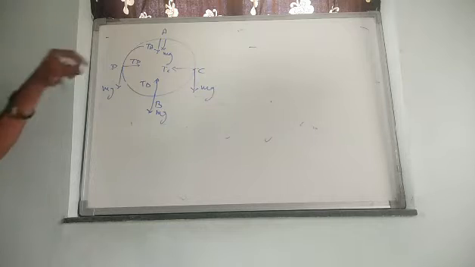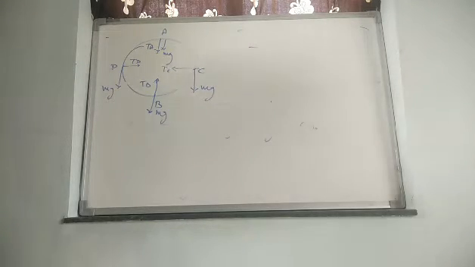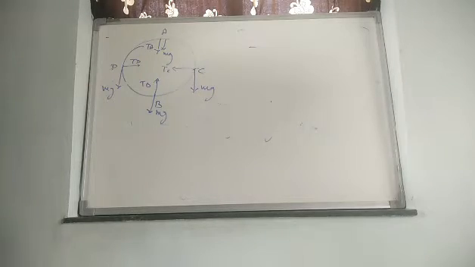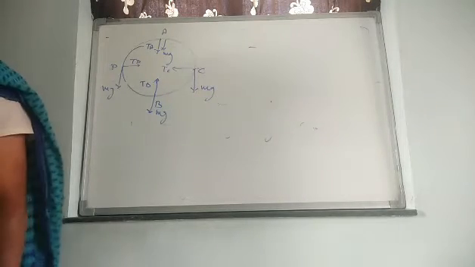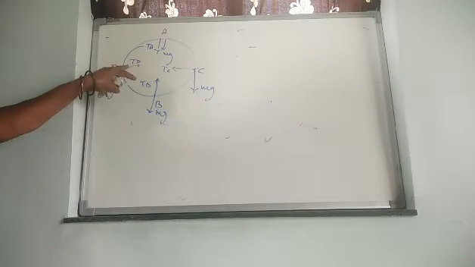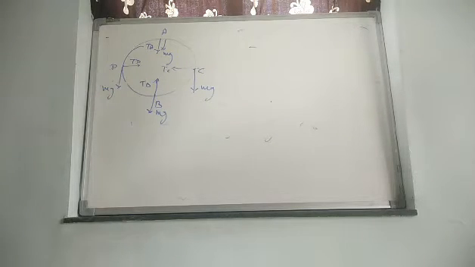That tension directed toward the center is necessary for the centripetal force to produce the vertical circular motion, and it decides the change in direction of velocity, and the weight mg is used to change the speed. Then we are going to find out the velocity at the horizontal position, that means Vc and Vd.